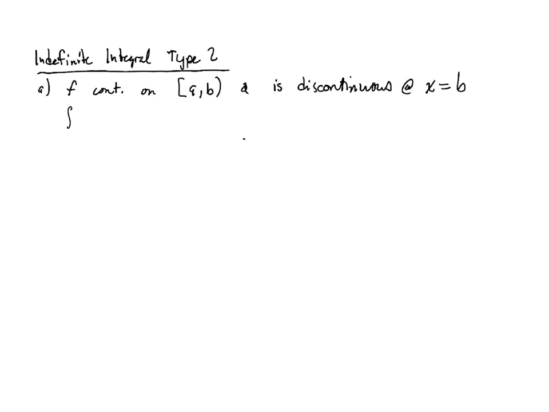Then we would define the integral from A to B of f of x dx to be the limit as t goes to b from the minus side of the integral from A to t of f of x dx, provided again that this limit exists.